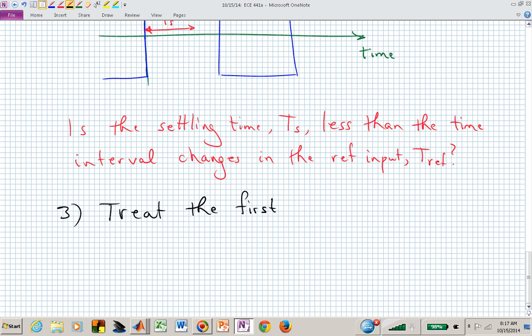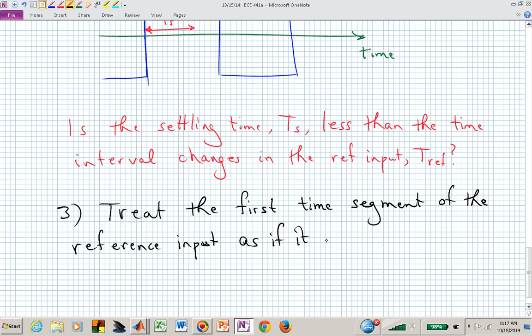So treat the first time segment of the reference input, and in this case it was a square wave, but it could be a sawtooth, it could be some other shape. Treat the first time segment of the reference input as if it goes forever.